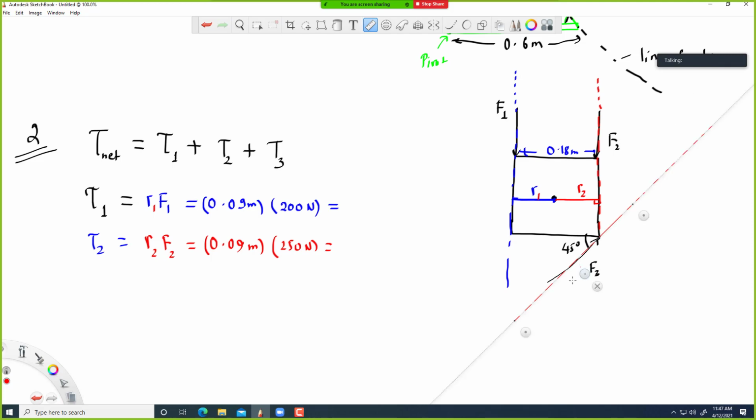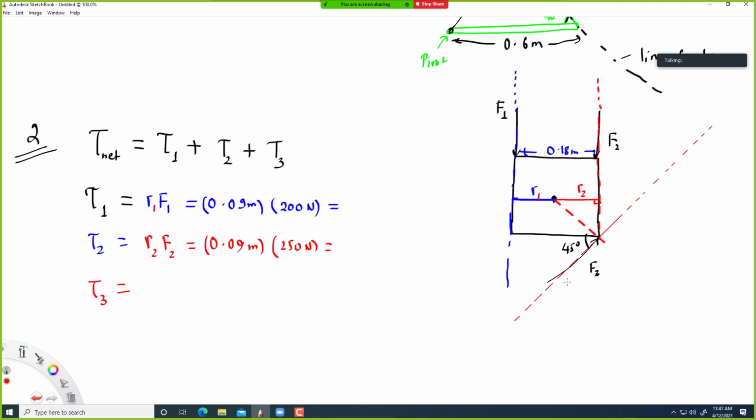Okay. And then draw perpendicular line from this pivot to that line of action. So that would be the perpendicular. And then you find this distance. Okay, so torque 3 would be that distance from pivot to the line of action.